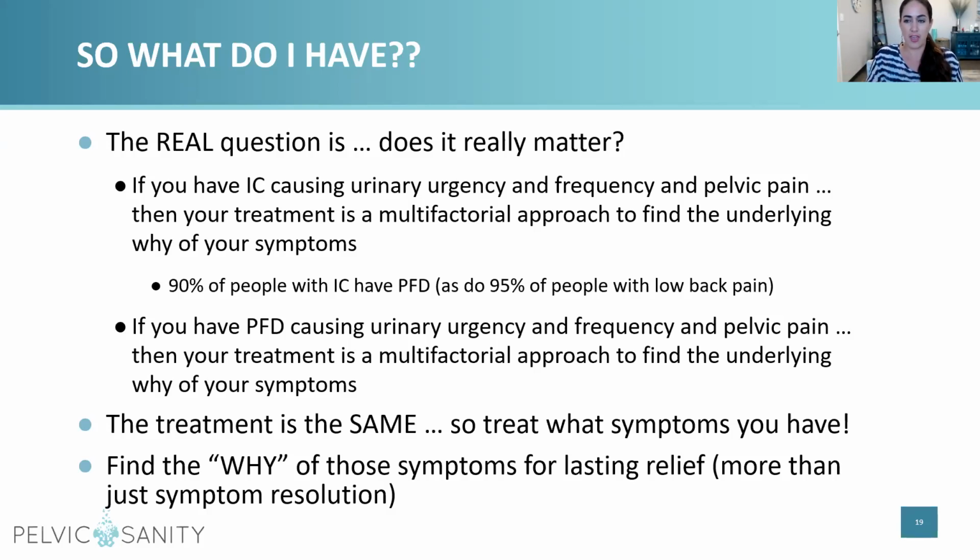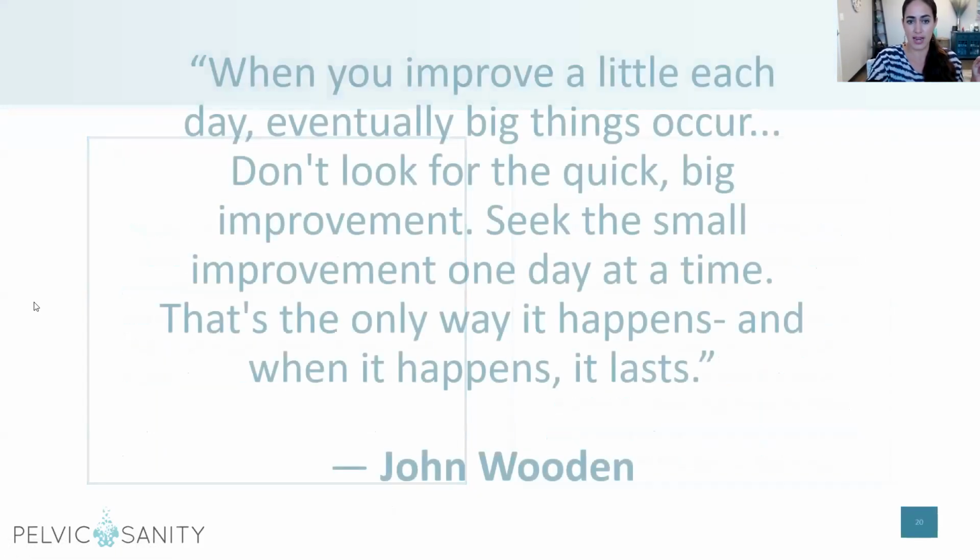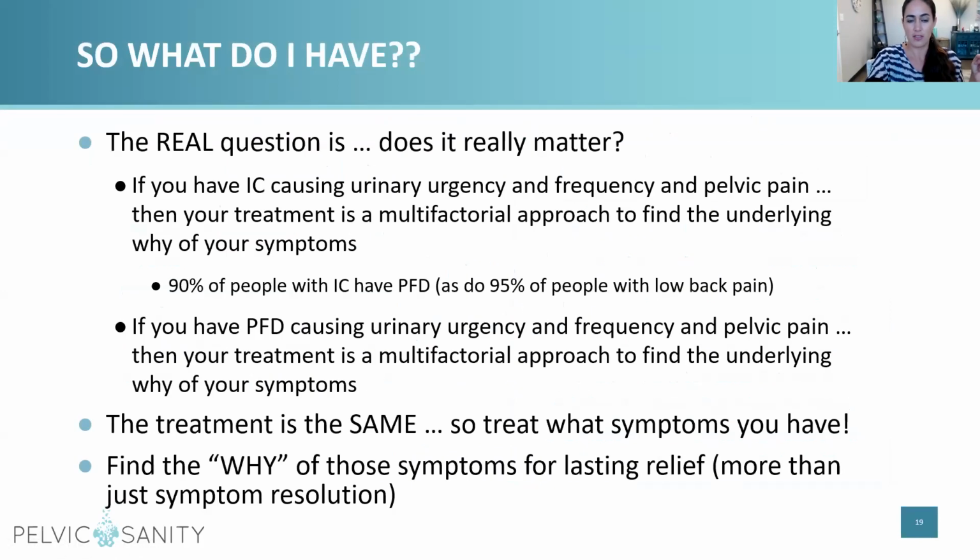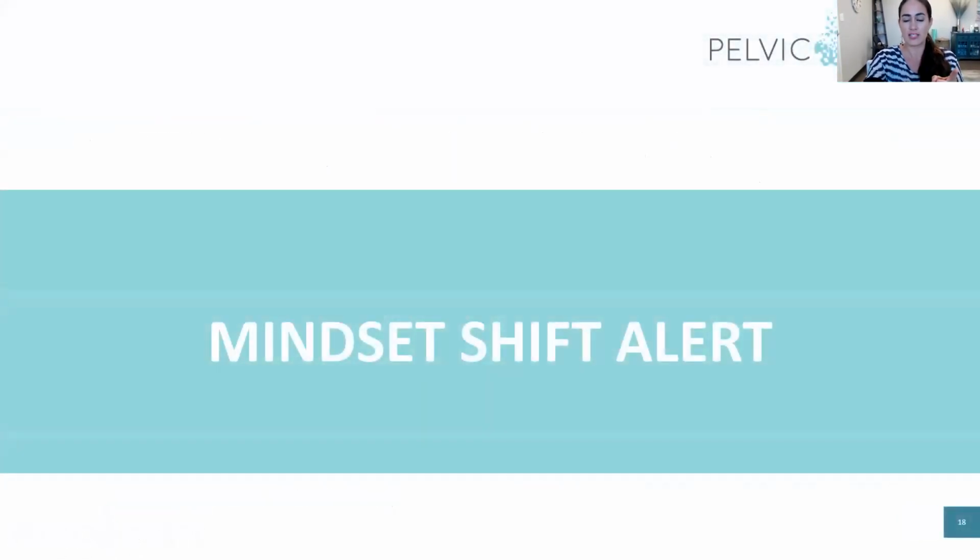And so here's the other thing to think about. Sometimes, for instance, I can have coffee, and that bladder irritant, which is a diuretic and a bladder irritant for everybody, does not cause any problems for me. And it might not cause problems for you. But what it does in some people, if your nervous system is upregulated, if you're in this spiral of pelvic floor dysfunction and interstitial cystitis, if you're in that cycle that we just talked about, then guess what?